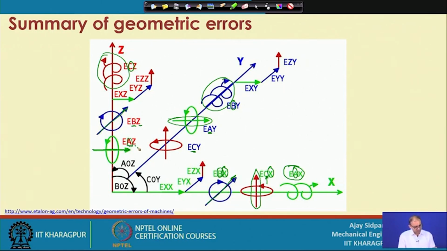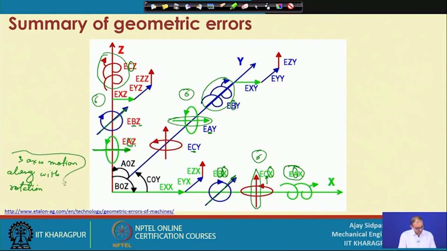Now you can see that these are the number of errors, 6 here, 6 here and 6 here. This is for the 3 axis motion along with rotation, correct. So, if you include more axes here, then your system becomes more and more complex.